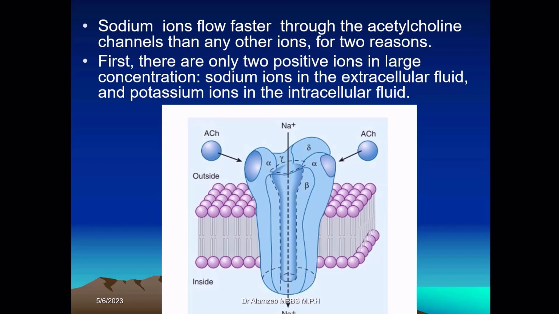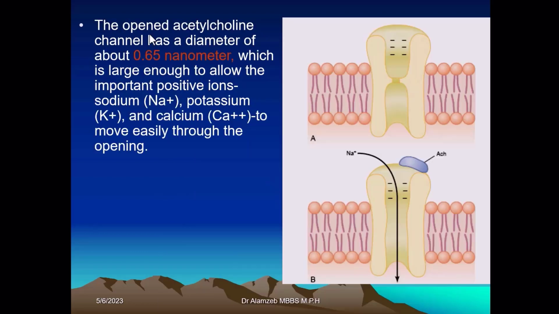We have two ions, and when the membrane is resting, the open acetylcholine channel has a diameter of 0.65 nanometer, which is large enough to allow important positive ions, sodium, potassium, and calcium, to move easily through the opening.